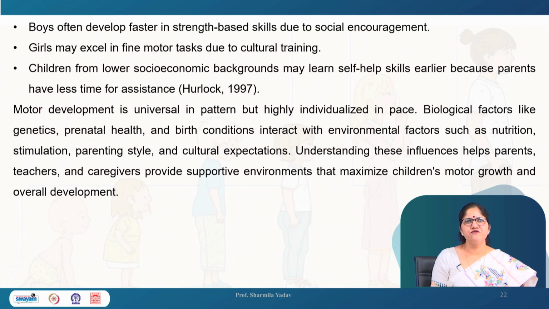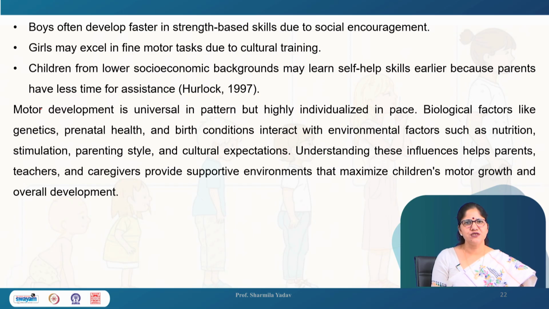Boys often develop faster in strength-based skills due to social encouragement. In fact, due to more exposure outside. Girls may excel in fine motor tasks due to cultural training. Children from lower socioeconomic backgrounds may learn self-help skills earlier because parents have less time for assistance.